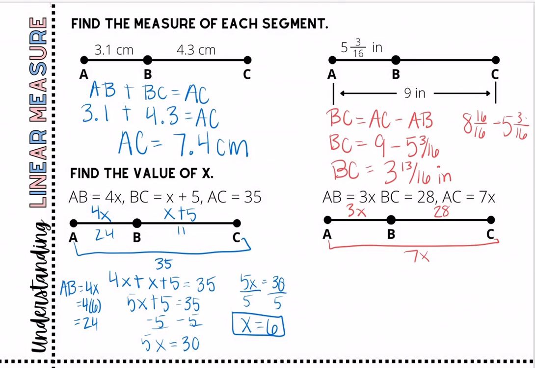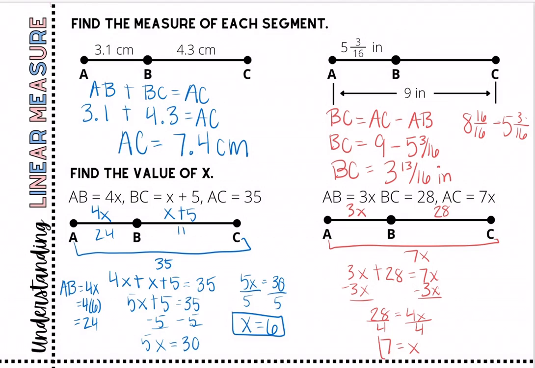AB plus BC equals AC, so I have 3x plus 28 equals 7x. I'm still solving for x, it's just set up a little differently. I subtract 3x on both sides, so 28 equals 4x. Divide by 4, and 7 is equal to x. Ta-da, I did it.